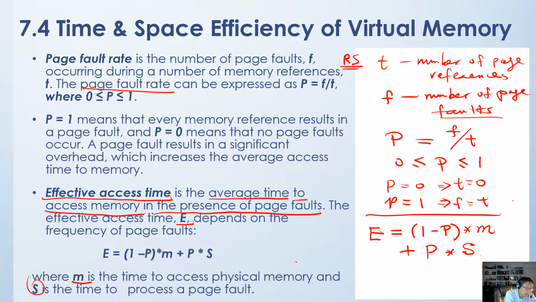Moving data from the hard disk into the memory is very costly. That's why the time to process a page fault, S, is much, much bigger than M, the time to access the physical memory.